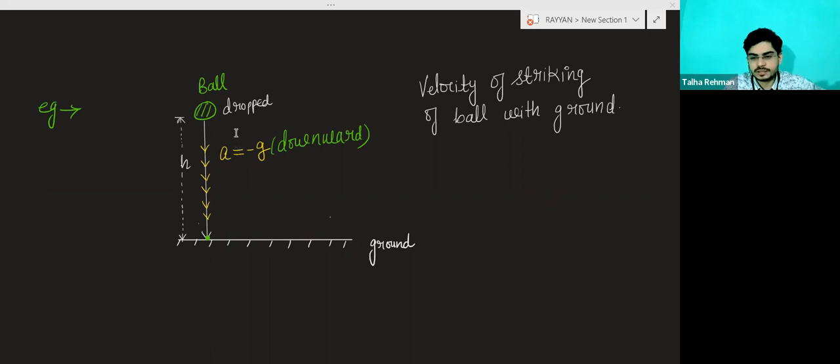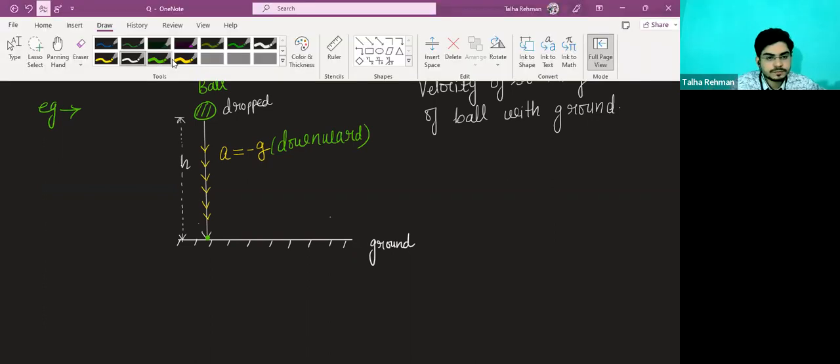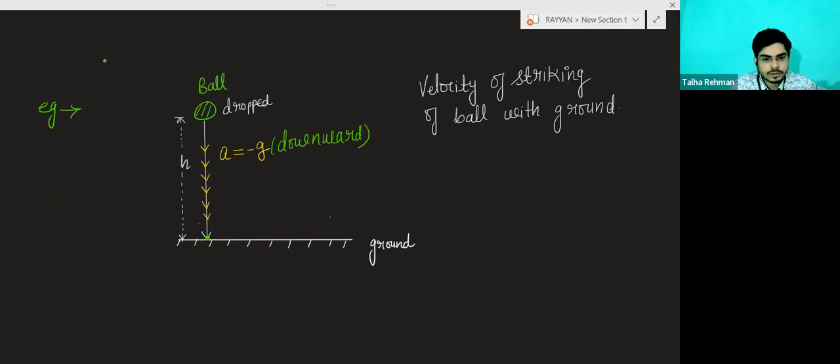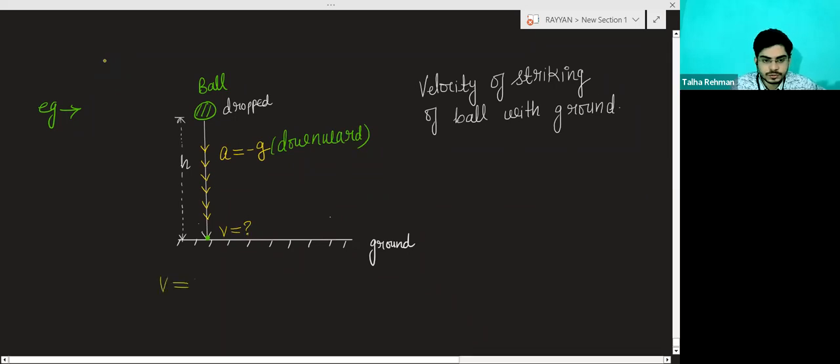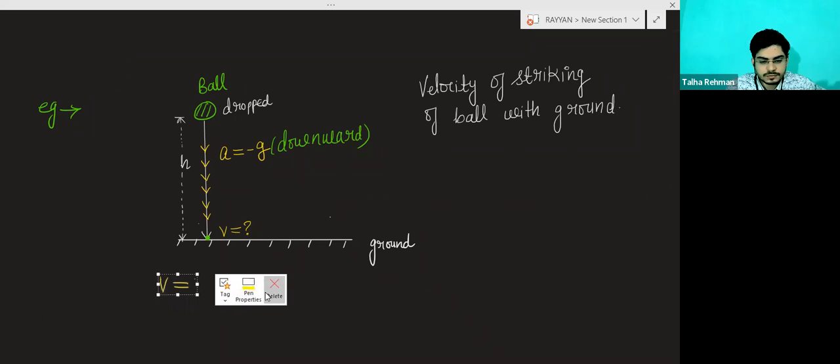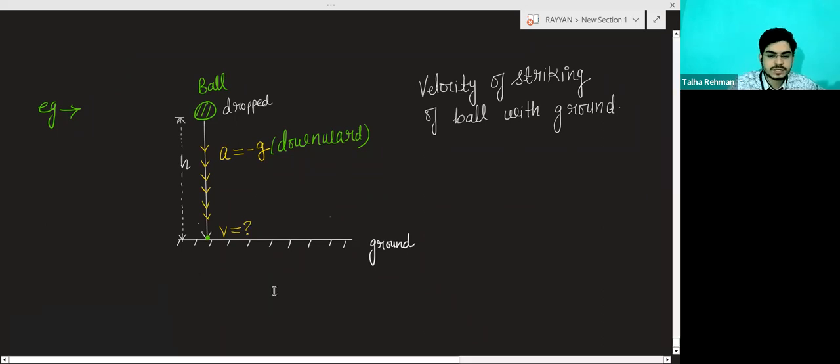You have to find the velocity when the body will be here, means the final velocity we want to find. So we can apply the equation of motion. Before that, first we will check what is given.